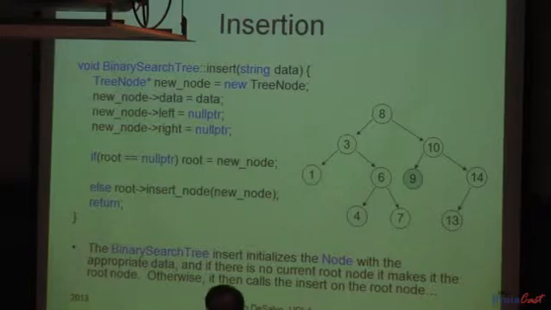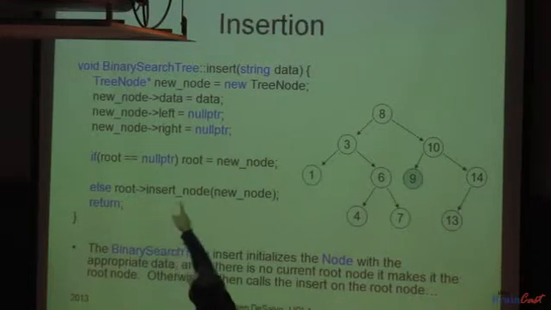If there is a root node already, then we know we have some kind of tree structure, and what we want to do now is start a recursive chain reaction. So we're going to utilize recursion in searching for the 9's proper place.